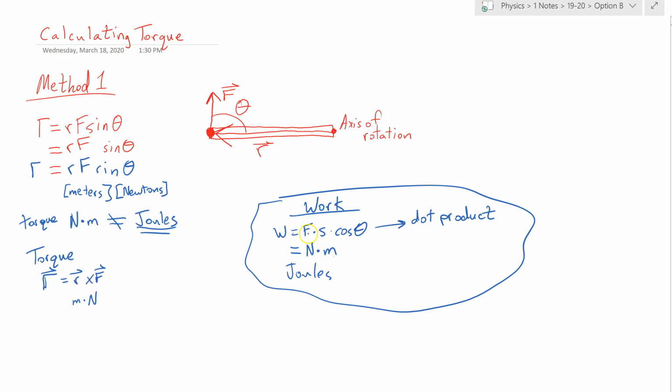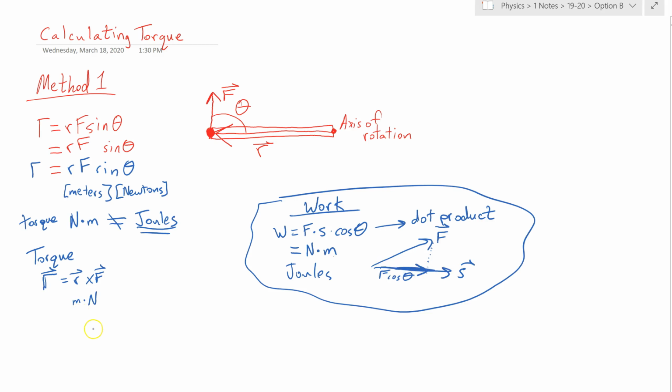Over here, the force and the displacement are in the same direction, or lie on the same line. That's what the cosine theta does for you. It takes a force that might not line up with a displacement, and it calculates the projection of that force on that vector. So they lie in the same line. And so it's meters times newtons that are lined up.